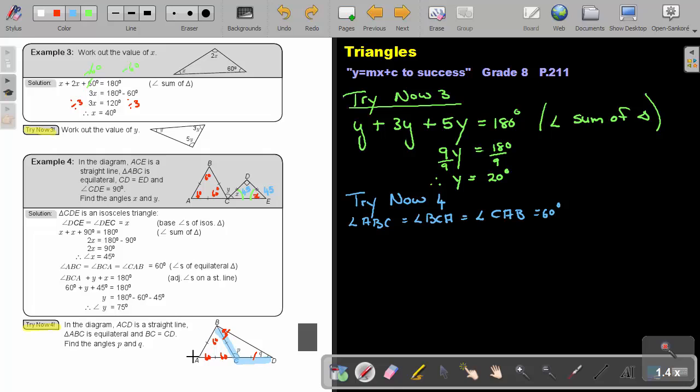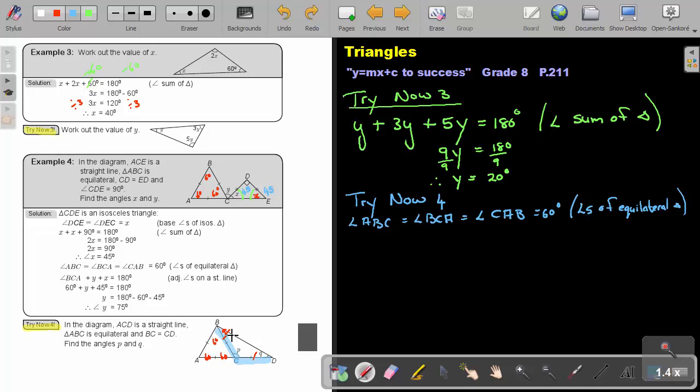So it's just saying ABC, that angle, BCA, that angle, and the last one, CAB, that angle, it's all 60. And the reason is angles of an equilateral triangle. That's the reason. Okay. So now I'm going to continue.